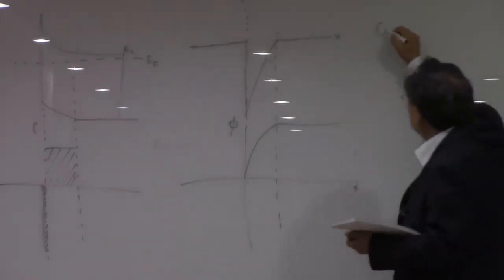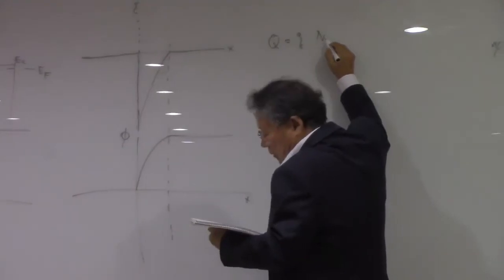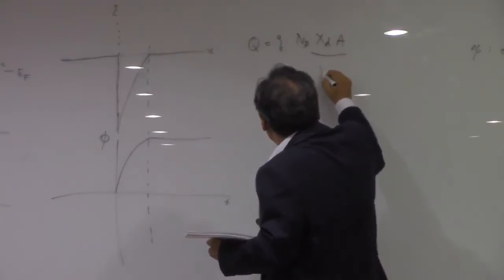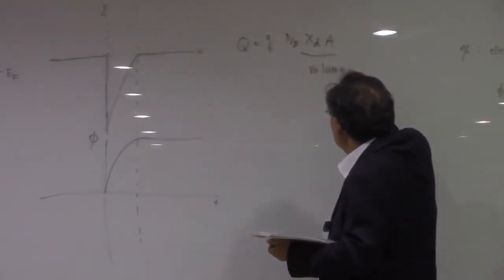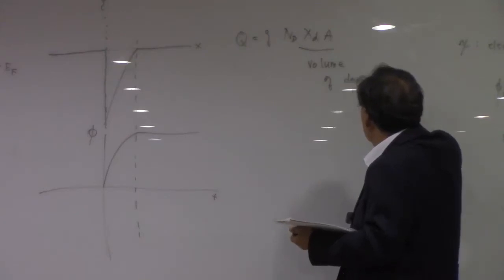Well, the charge is nothing but the volume times XdA. This is the volume of the depleted region.